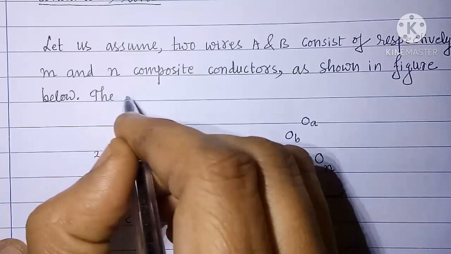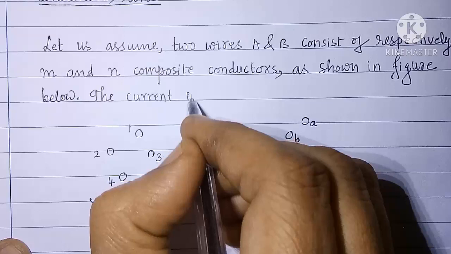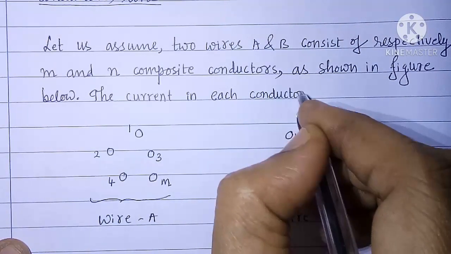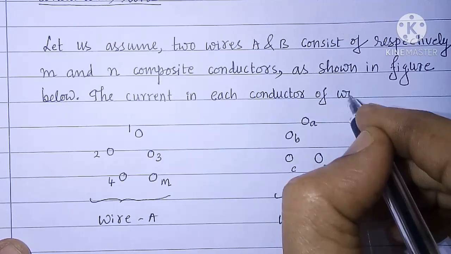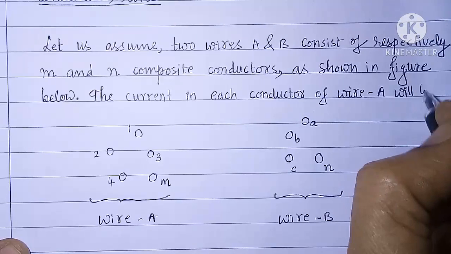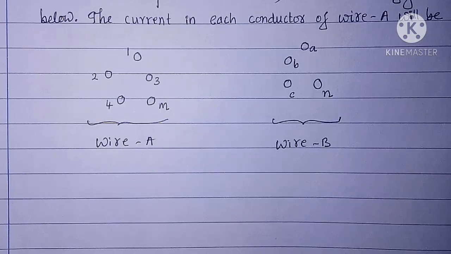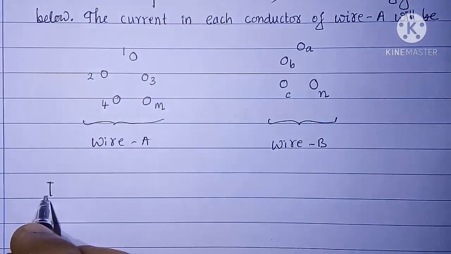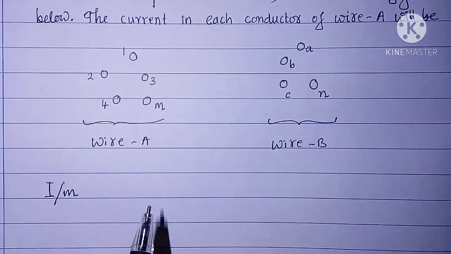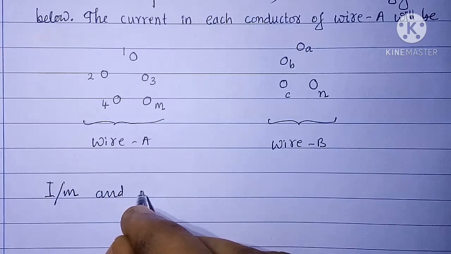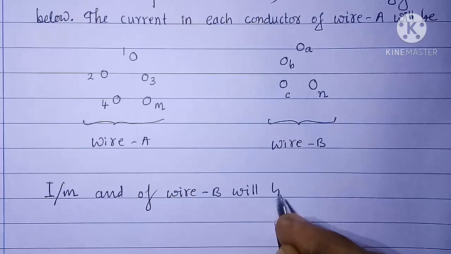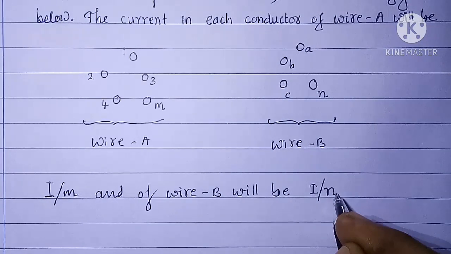So right here, the current in each conductor of wire A will be I by M, where I is current flowing through wires A and B, and of wire B will be I by N.